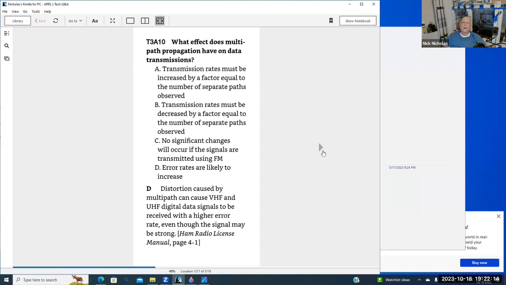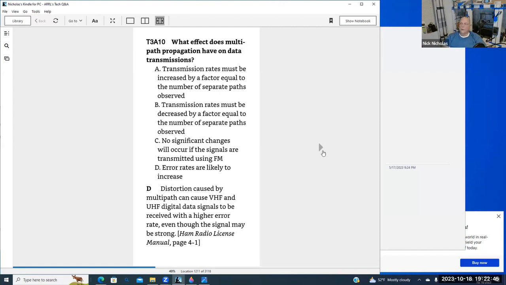What effect does multipath propagation have on data transmissions? Well, multipathing tends to create errors in digital communications because of the fluctuation. The answer here is the distortion caused by multipathing results in UHF and VHF digital signals being received with a higher error rate.